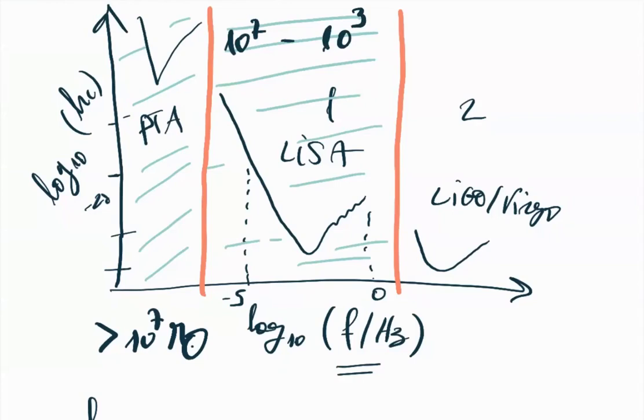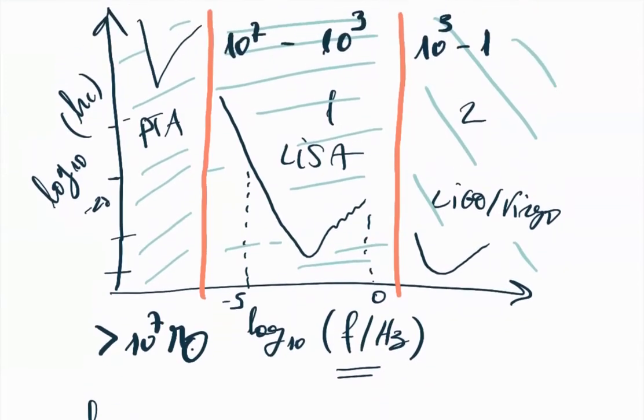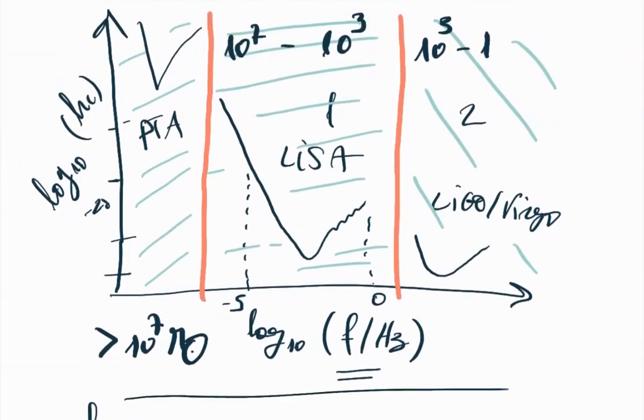And in LIGO and Virgo, we're talking about black holes or systems with masses of at most 10 to the 3, again, depending on the distance, and down, as you know, to the mass of a neutron star or whatever, 1 solar mass. So as you can see, you probably have noticed this already, but in case you didn't, I'm going to stress it. As you move to the right, you go down in mass.